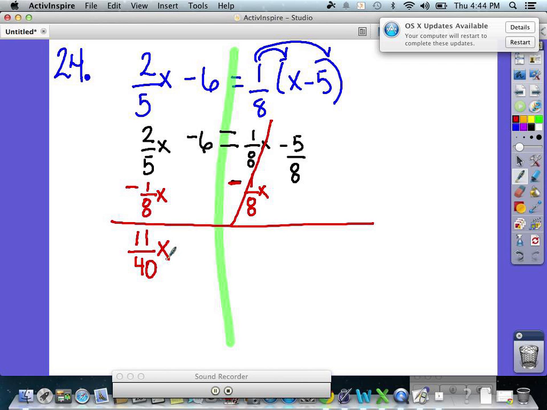We're going to bring down everything else. Now we have negative 5/8 left on this side.